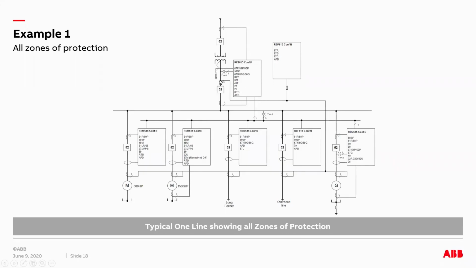So as you can see here, a dedicated set of CTs are used to develop this scheme. Okay, so the CTs are summated from the main and outgoing feeders, and then it is connected to the bus bar differential protection relay. In this case, it is REF 615 configuration N.